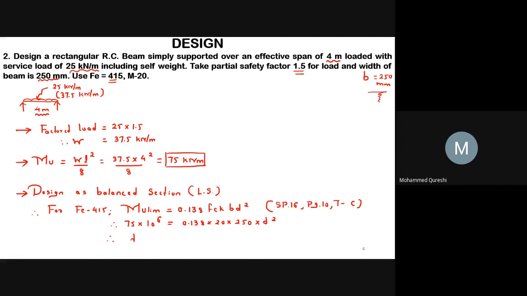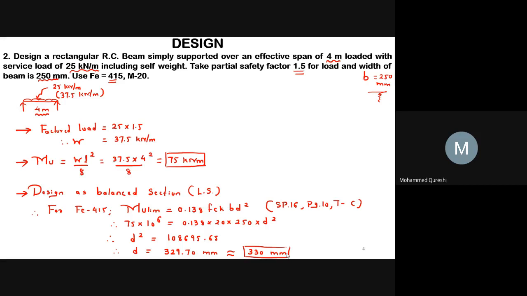Therefore, after solving this equation, you will get D square equals to 108695.65. Therefore, your D will be 329.70 mm, approximately 330 mm. So here your small d is 330 mm.